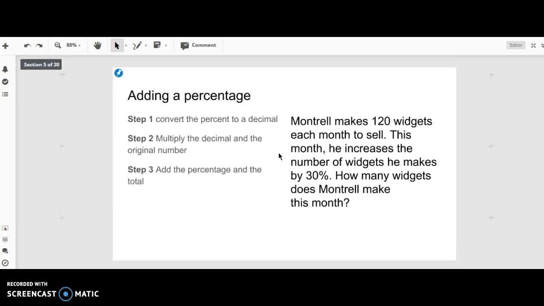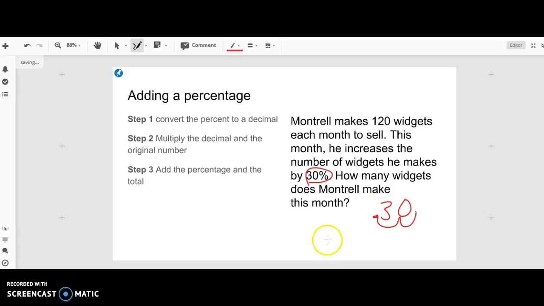So first we're going to solve it by adding the percent. So I'm going to convert this percent to a decimal. So 30% converted to a decimal. Now you divide by 100, or you just move the decimal 2 spots over.